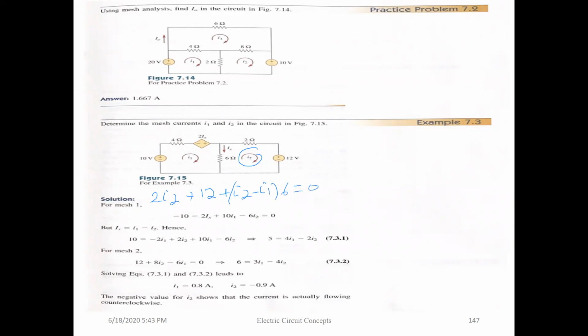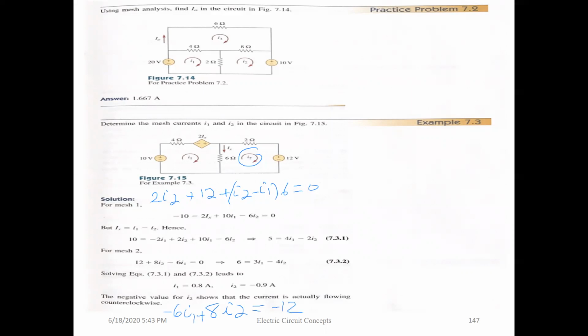So that means we will have to simplify this equation. We have 8i2 and we have negative 6i1 equals to negative 12.